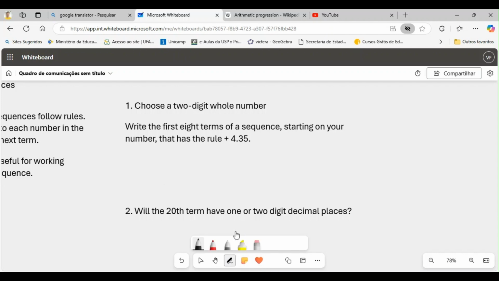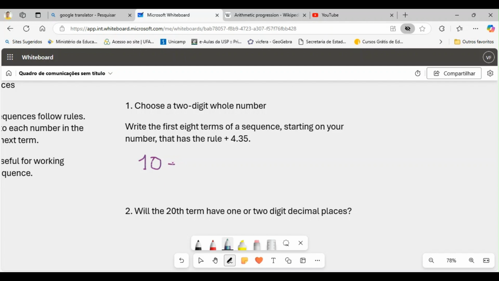So let me write with my pen, with the Galaxy pen. I will start with 10. It's a two-digit whole number, so natural, it's okay. With the rule of plus 4.35.